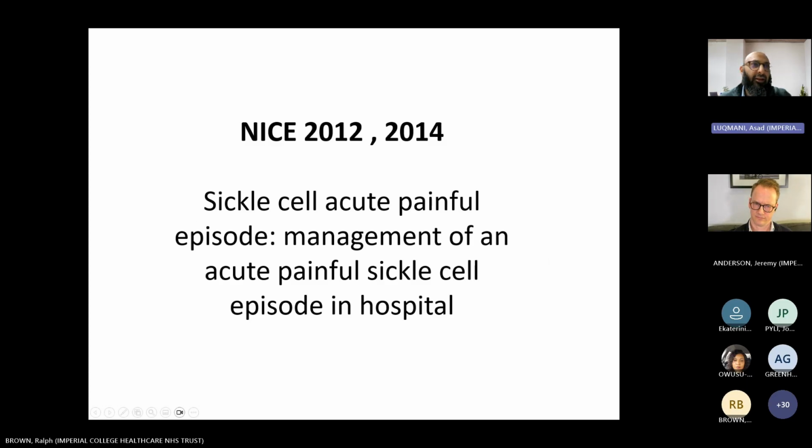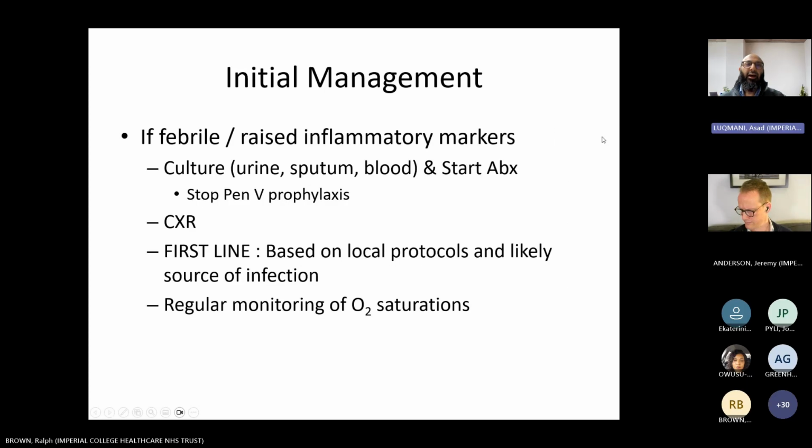Sorry, just going back to the last slide. I had put on the regular monitoring of the oxygen saturations, and I just wanted to highlight one point about that. In order to identify a situation where a patient could be deteriorating, developing an acute chest syndrome for instance, or have some other pulmonary pathology going on, it's extremely important to ensure that the oxygen saturations are measured on room air.